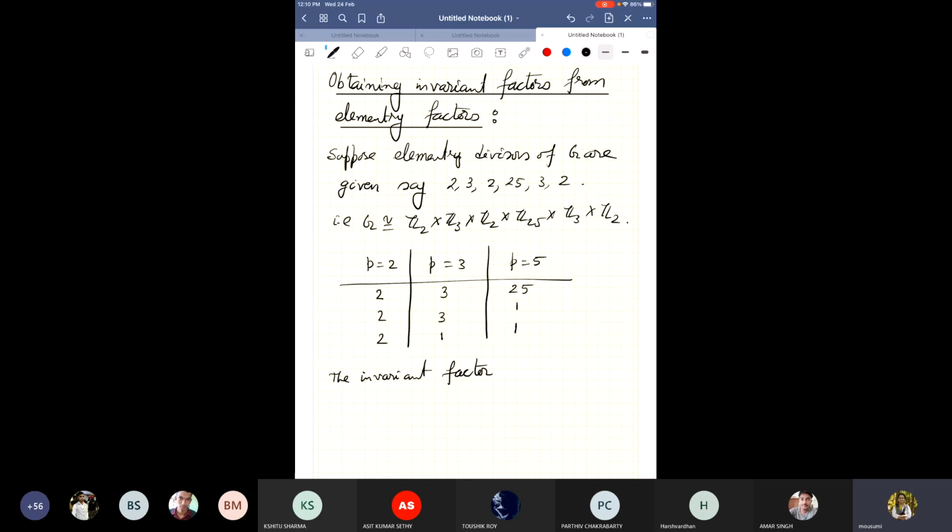What will be the invariant factors of G? 156 and 2. Okay. So what I will be doing is just multiplying the elements in the same row together. That's why I have arranged it in non-ascending order, meaning the highest power I have kept.